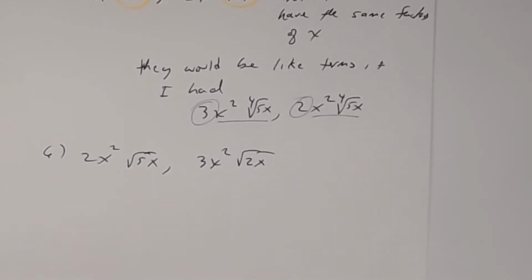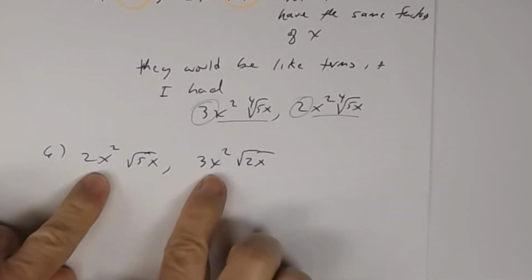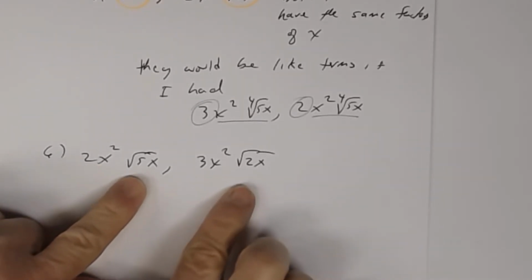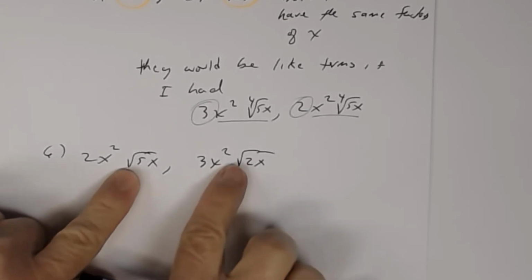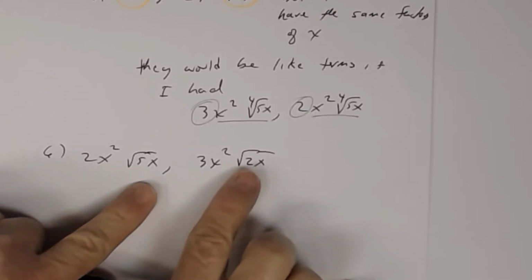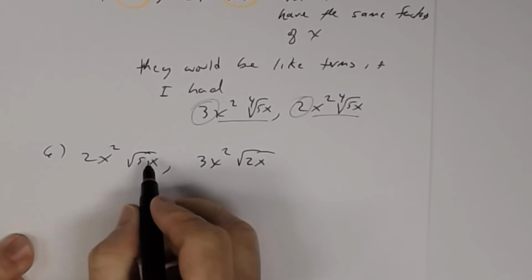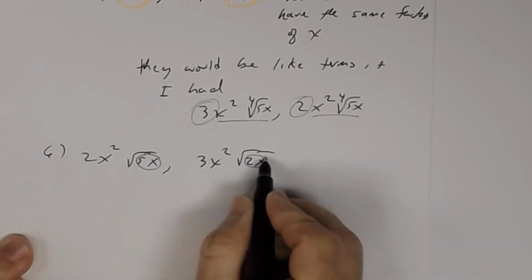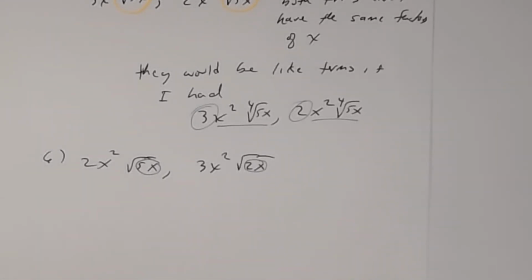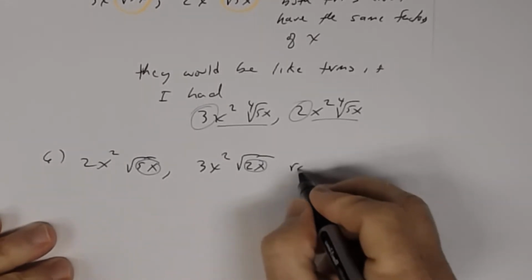Those are not like terms, I'm telling you, but can you right away figure out what the issue is? The issue is not the x squared, and the issue is not the index either, both are square roots. The issue is the radicand part. This is 5x, and this is 2x. They're not the same. So here, the radicands are not the same.